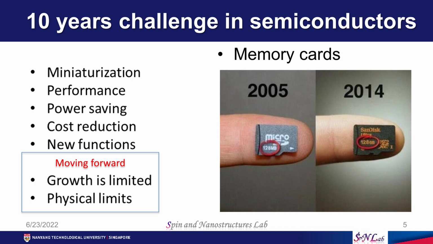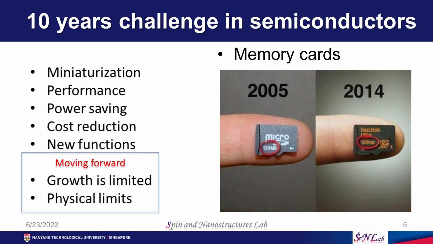Whereas if you look at a similar SD card 10 years later, you would see that the SD card had a capacity of 128 gigabytes. So within 10 years, the capacity has grown like 1,000 times. So this kind of growth has happened because of the Moore's law that I was describing before.